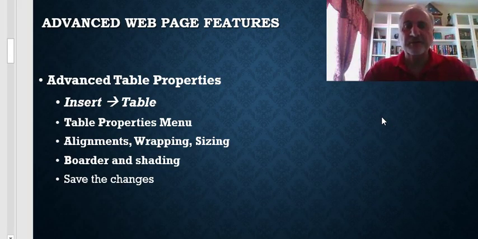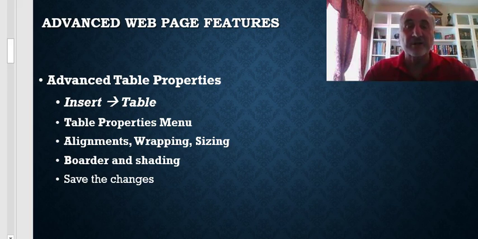The next advanced feature is to take a look at some advanced table properties. We've already looked in earlier chapters how to insert a table. We did it in the Hyperbook. We did it in the interactive lesson. It's the same way when inserting a table onto a web page. The advanced features are provided by the table properties menu.